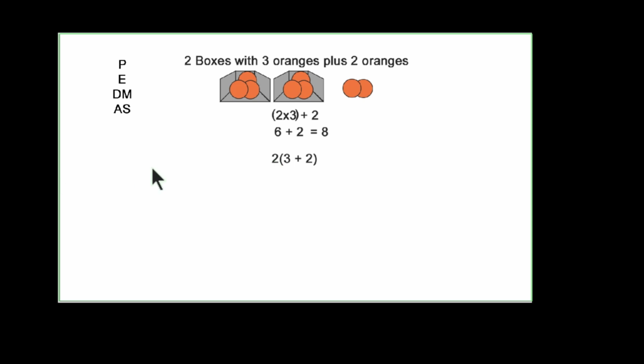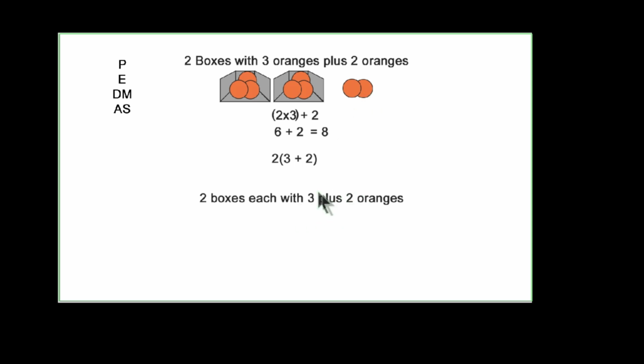Now let's do an example which is based on this equation. What this is saying is that you have 2 boxes, but inside each box there are 3 plus 2 oranges. Okay, here. That is different from the other one because obviously before the 2 were outside.